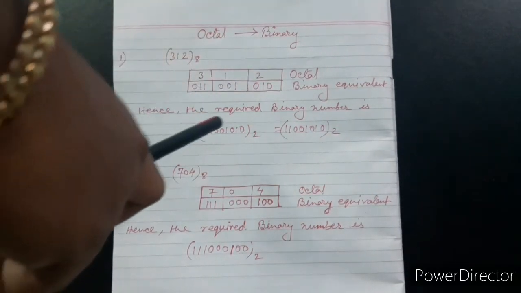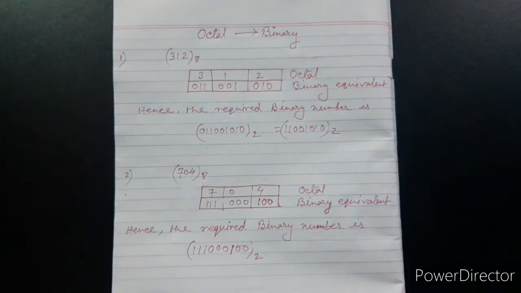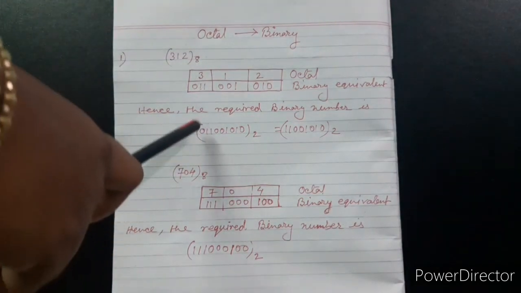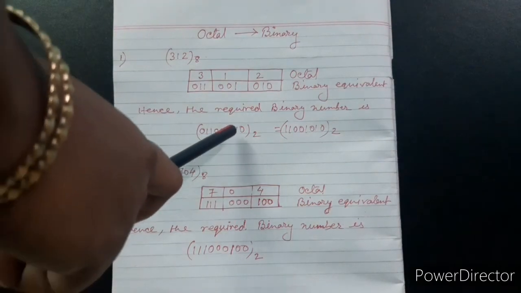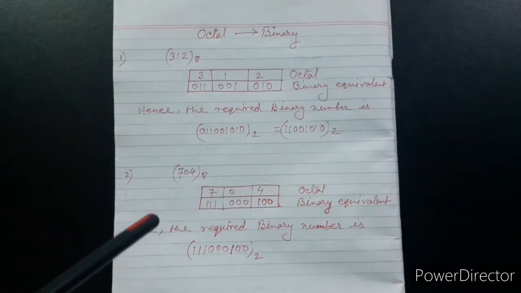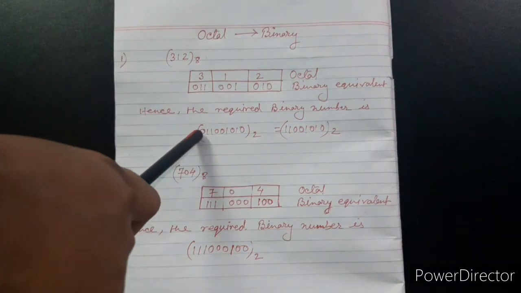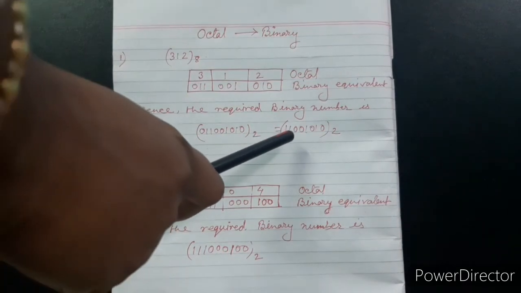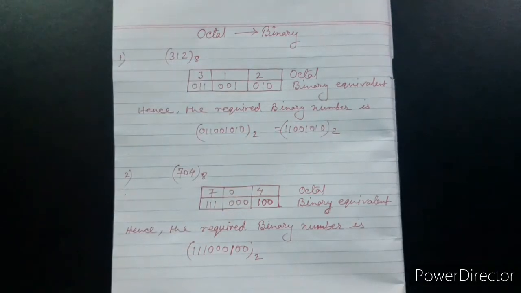And binary equivalent of 2 is 010. So the binary equivalent of the octal number 312 is 011001010. The leading 0 is an insignificant digit, so the final equivalent number is 11001010.